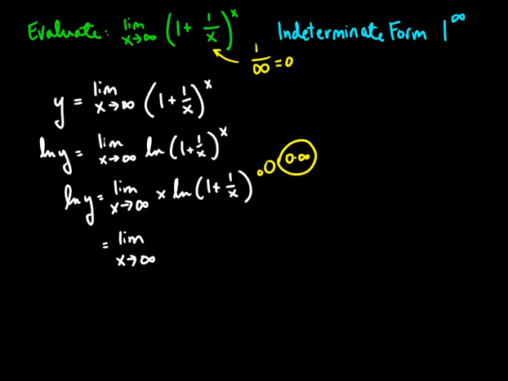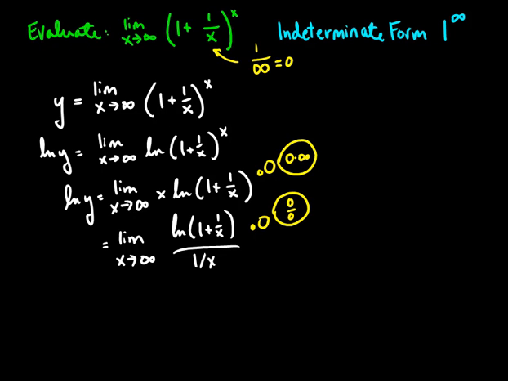And we do that by, instead of writing x, we'll do 1 over x. And now, when we plug in x goes to infinity, we'll get 0 in the denominator and 0 in the numerator. And so we'll get 0 over 0, which is now an indeterminate form that allows us to apply L'Hopital's rule directly.